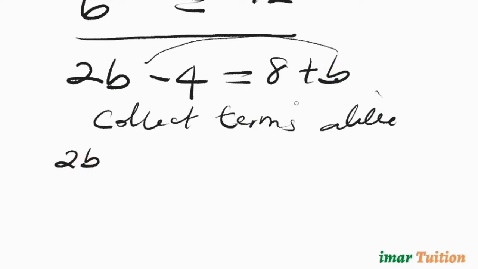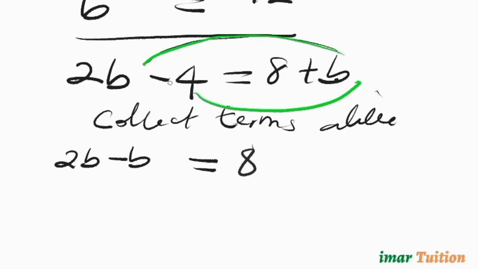On a different line, when the positive b here crosses the equal to sign, it becomes minus b. You have an equal to sign there. Then you take this 4 to go across here. Your b went across to this side. Your 4 will go across to this other side. In doing that, you have your 8 left here. As your minus 4 crosses the equal to sign, it becomes plus 4.